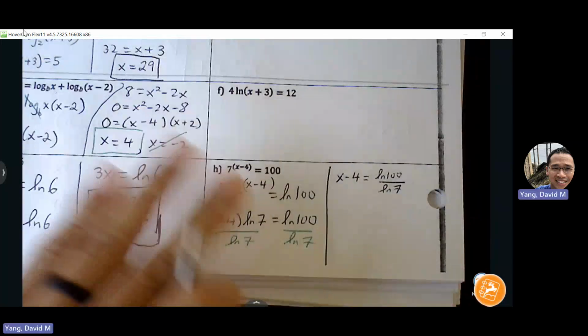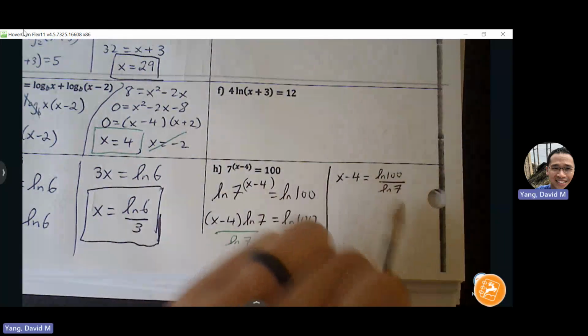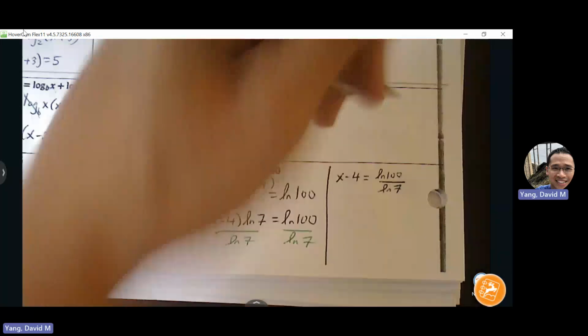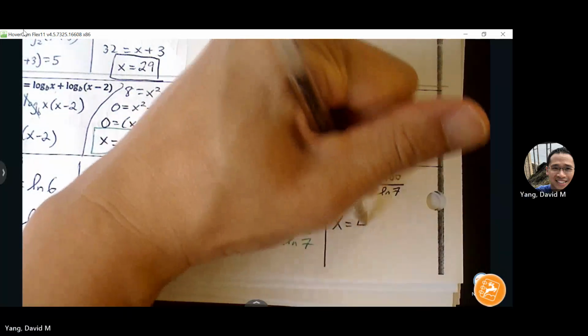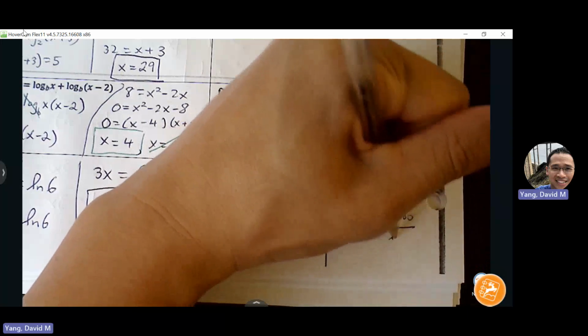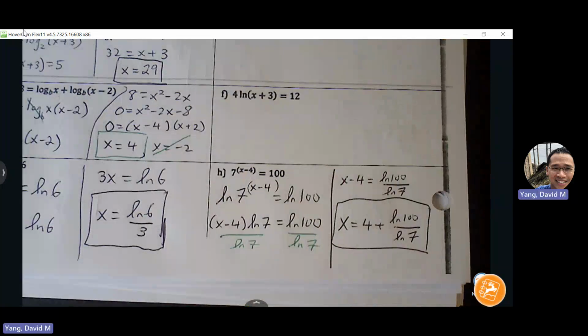So that's going to be some decimal value, right? But I just want to solve for x, so I'll just add 4 to both sides. This is sufficient without a calculator. It's like 6.6 if you were to enter it in the calculator, but right now, I think it's more important that we just understand how to solve these equations.